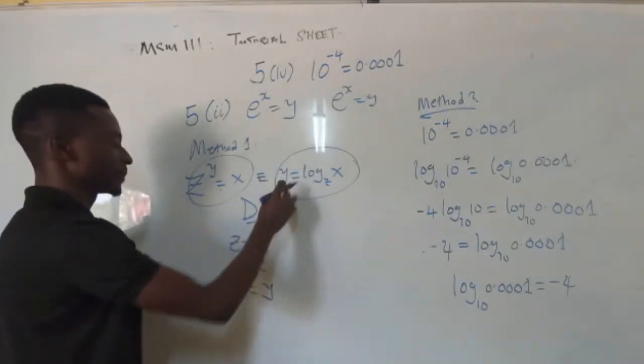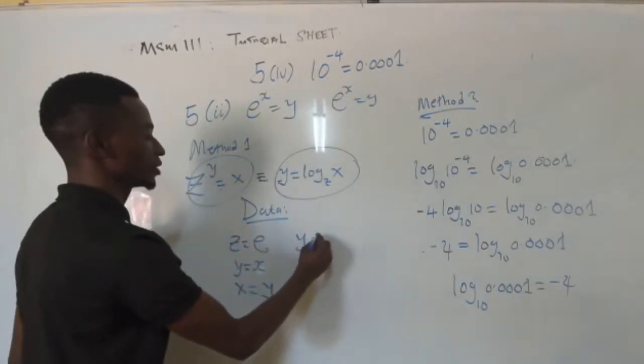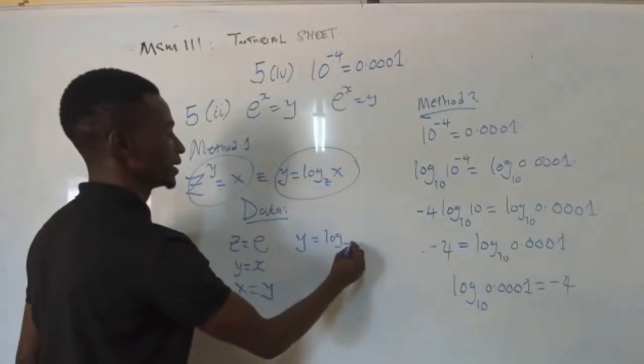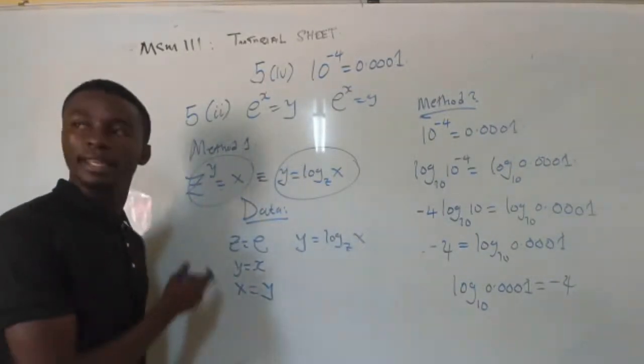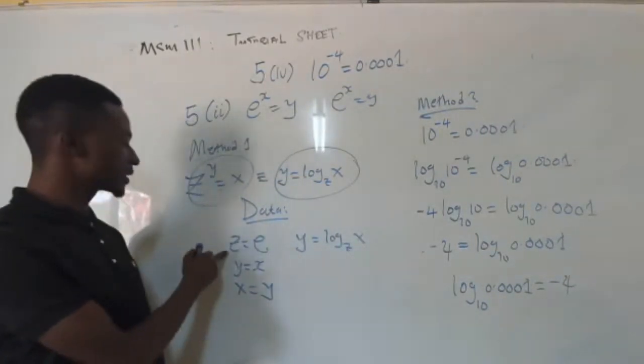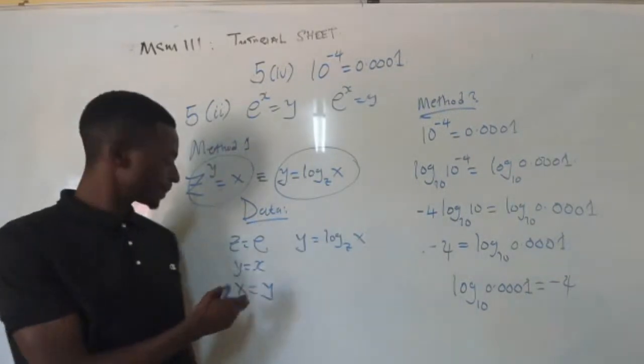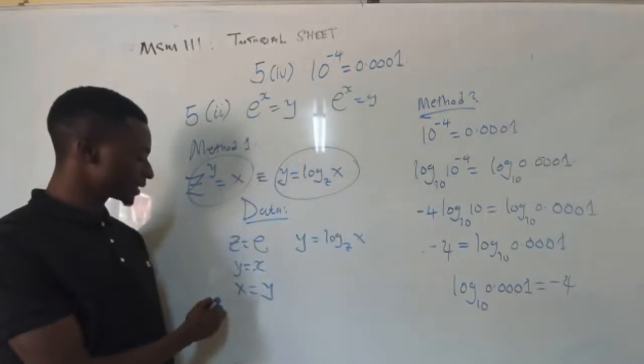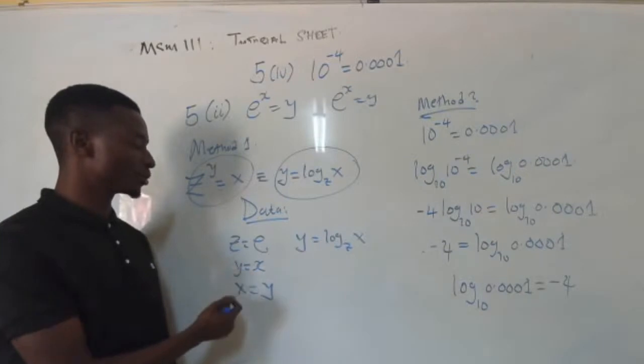So now let's do this. We have y equal to log z of x. The data is there: z is equal to e, y is equal to x, and x is equal to y.